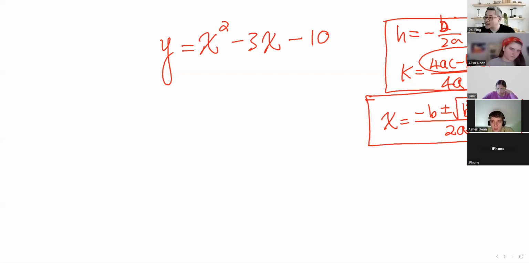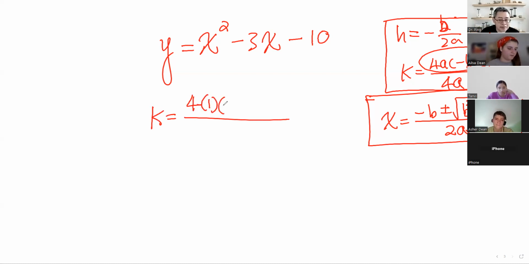Yeah, good job, Elsa. Okay, I have a question about K. So I got to the point where K equals, basically I wrote the equation out and then I simplified it to -40 minus -9 over 4 times 1.